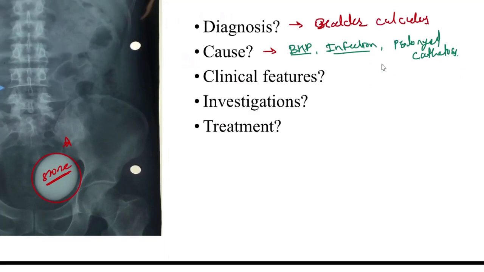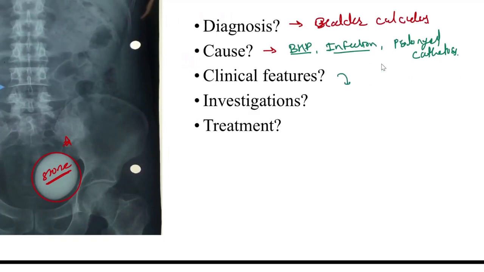So, what are the clinical features? Generally, bladder calculi patients initially remain asymptomatic, and they have symptoms of UTI like urinary frequency, irritation, burning micturition, and symptoms due to pressure in the bladder, which may lead to back pressure and may cause hydronephrosis or hydroureteronephrosis.